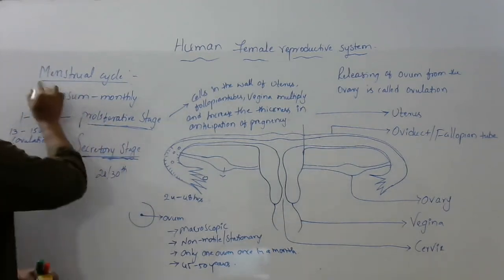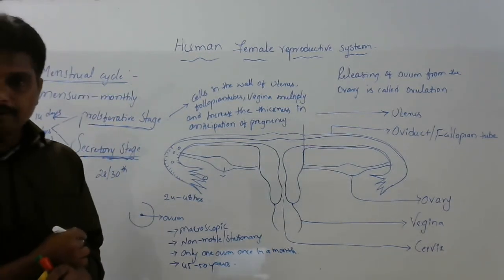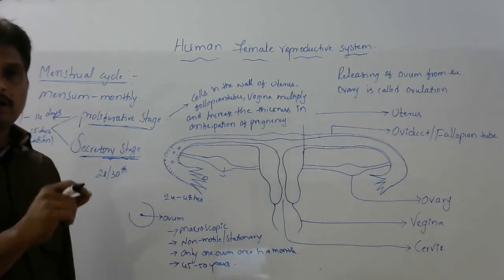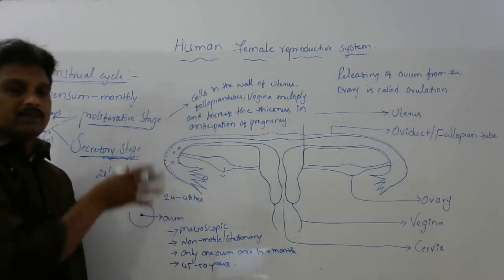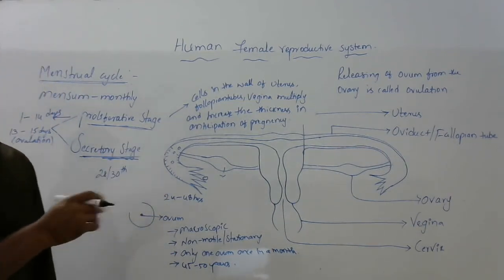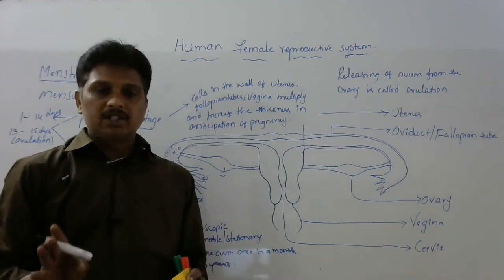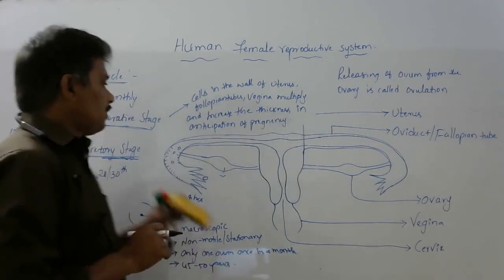That is what is called menstrual cycle. Mensum means month. If pregnancy is attained, if fusion takes place, this menstrual cycle takes leave for 1 year or 1.5 years throughout the gestation period and after the delivery hours. This is about the menstrual cycle.